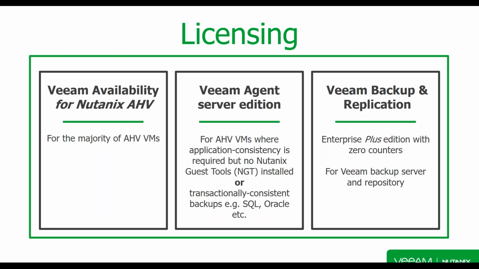Make it simple. The other part too, customers, you haven't asked it yet, but I'm going to ask the question. I have Veeam Backup and Replication, but it's not Enterprise Plus. Can I still point my AHV VMs to it? What we'd like you to do is you can point it there, but you won't get the additional functionality like Explorers if it's not Plus.